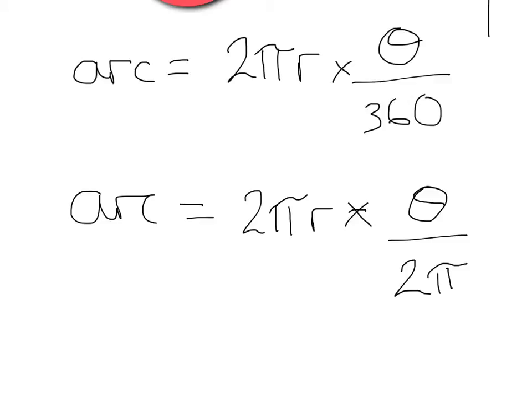Hopefully you can see where I'm going with this. It's actually made things a lot simpler. I've just created a fraction with a 2 on the top, a 2 on the bottom, a pi on the top and a pi on the bottom. So now it is r theta. So my arc length becomes a much easier calculation if the theta is in radians than if the theta was in degrees. That's one of the purposes of it.